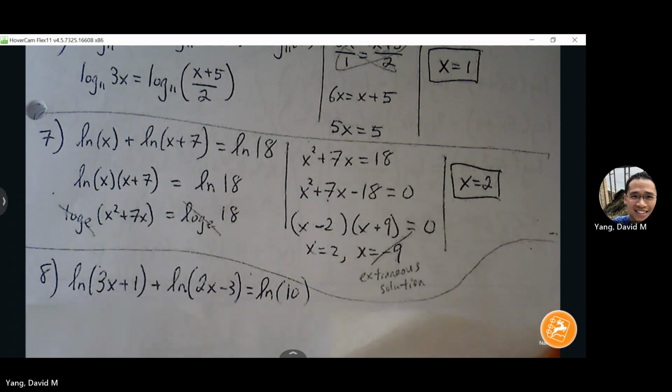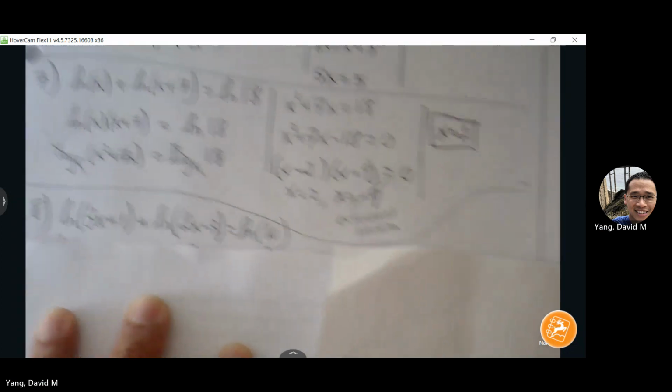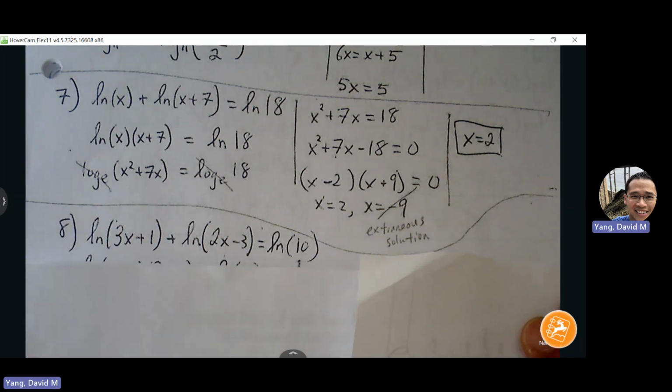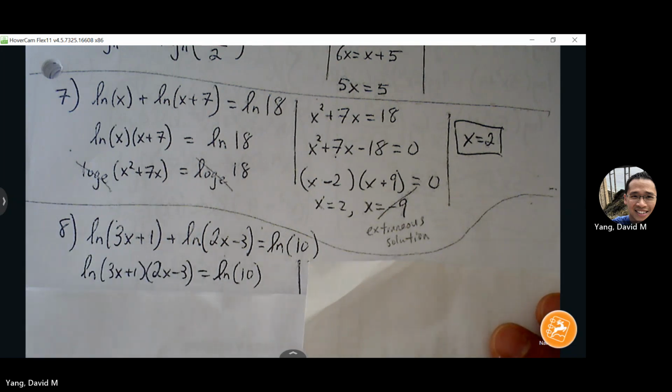Okay, number 8. Okay, product property to get that left side in a condensed form.